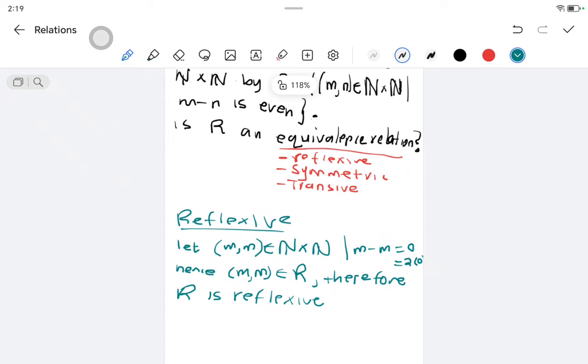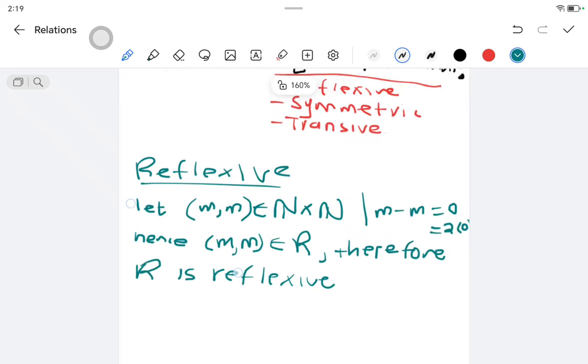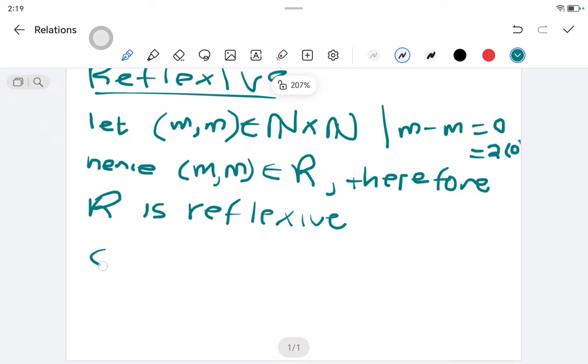So we took (m, m) being an element of ℕ × ℕ, such that m − m is equal to 0, and that is the same as 2 times 0. And this is even, it's a multiple of 2.